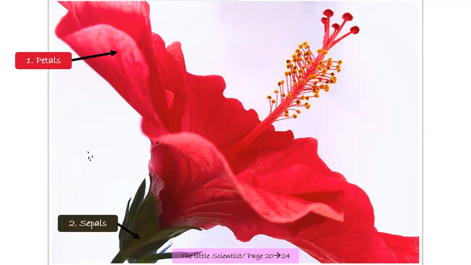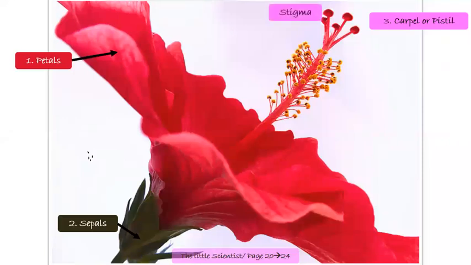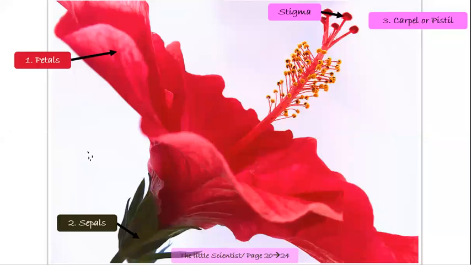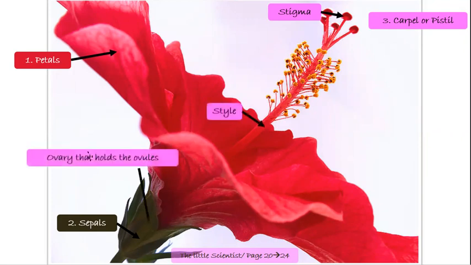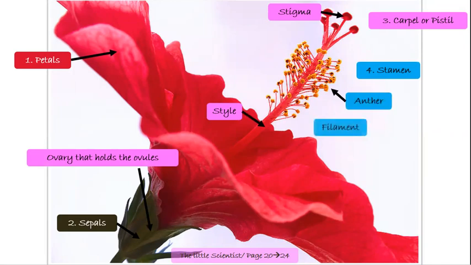The girl is called carpel or pistil. The carpel is composed of 3 parts: stigma, style, and ovary. The stamen, which is the boy, has 2 parts: anther and filament.